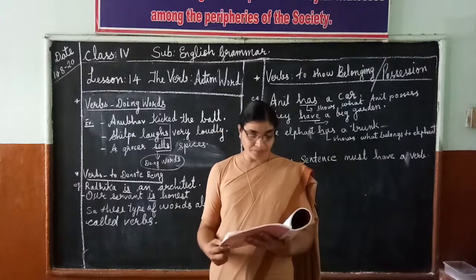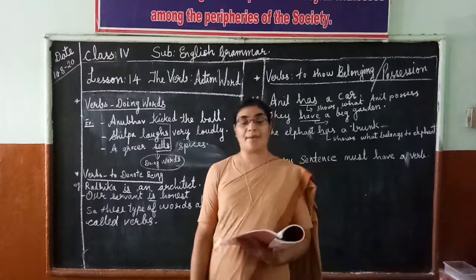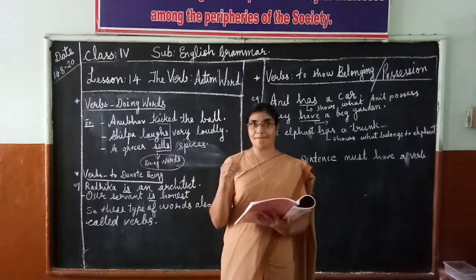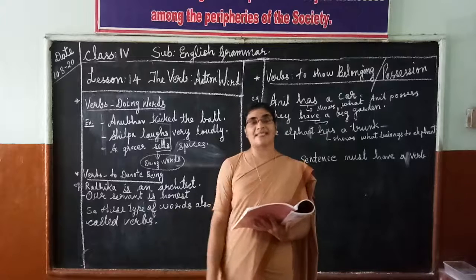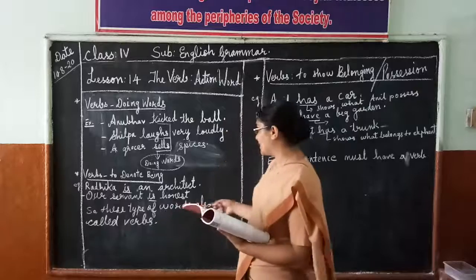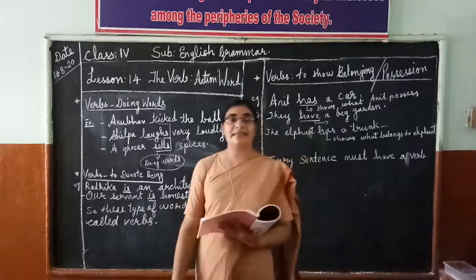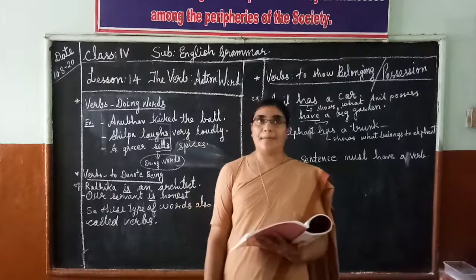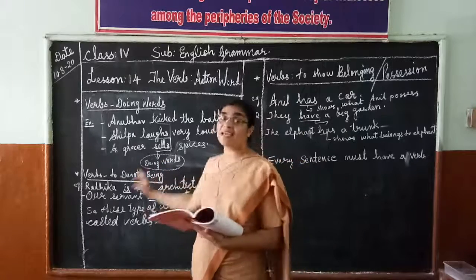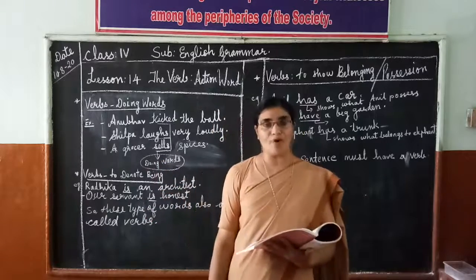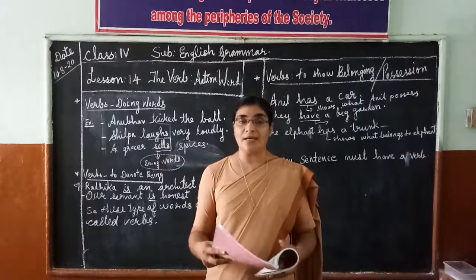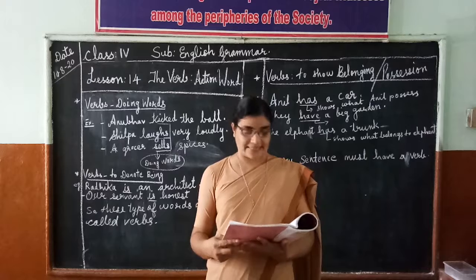And the next one, she will be happy. So will be is the verb and happy is the adjective. So this type of verb that denotes being is also very important for sentences.